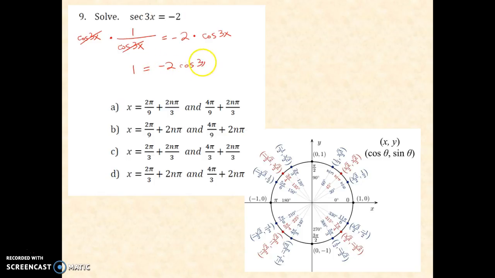times cosine of 3x. And then I can divide both sides by -2, and I'm going to get -1/2 equals cosine of 3x.